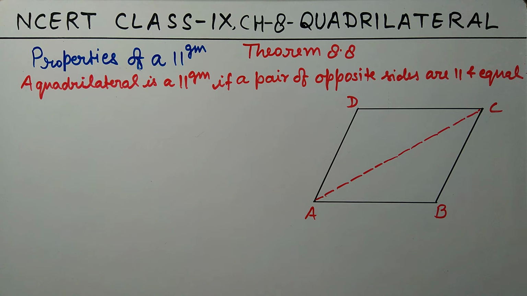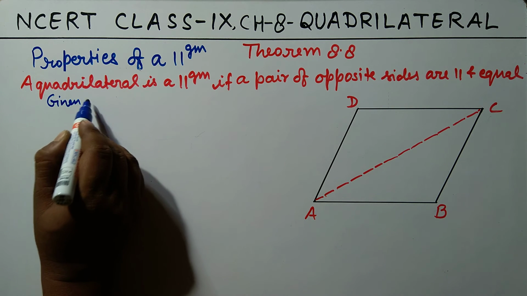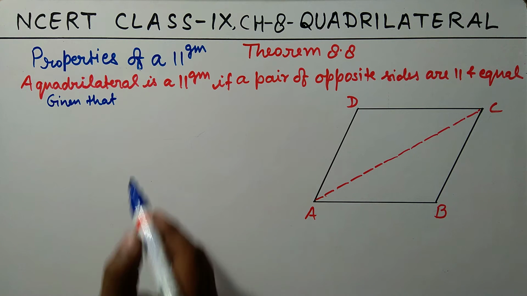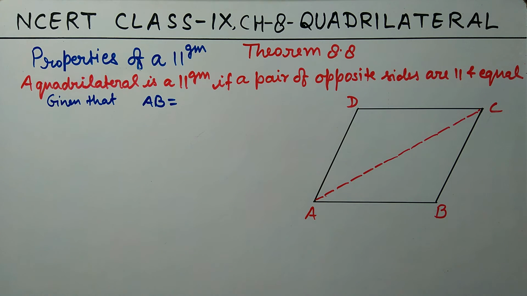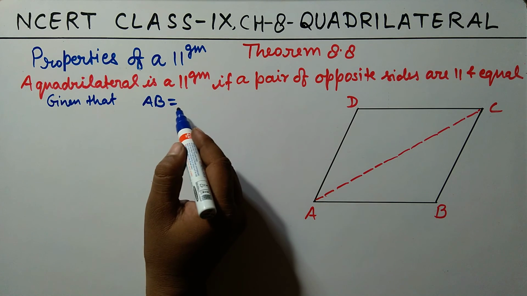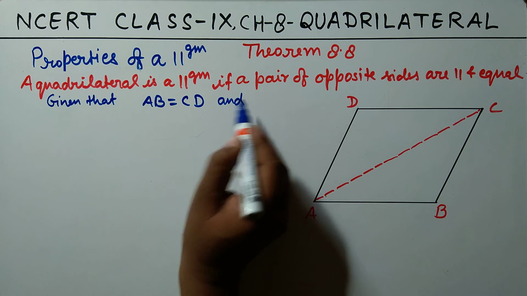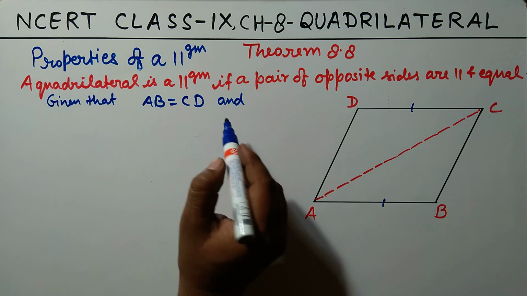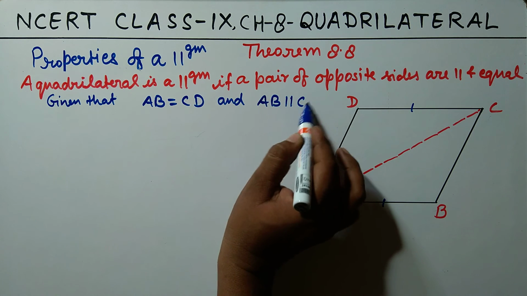So what is given? Given that a pair of opposite sides are parallel and equal. That means AB equal to CD and AB parallel to CD.